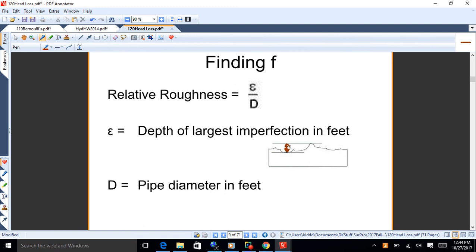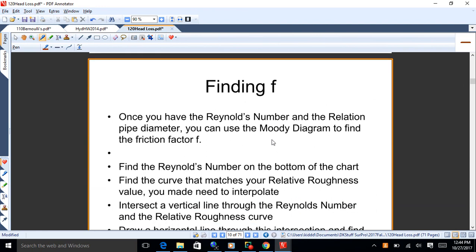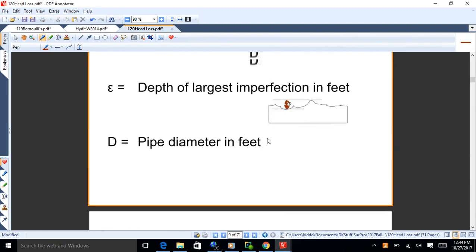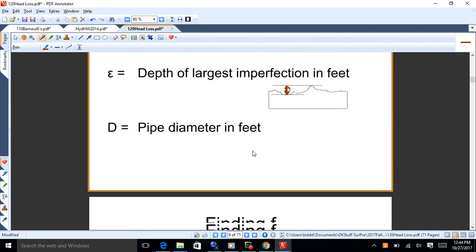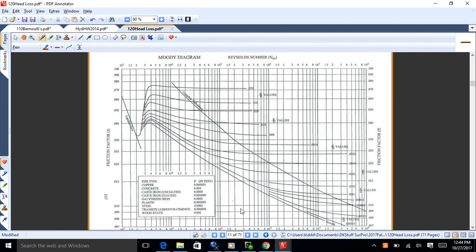So relative roughness is that biggest imperfection divided by the pipe diameter. If you have the relative roughness and the Reynolds number, there's a chart where you can find F called the Moody Diagram.